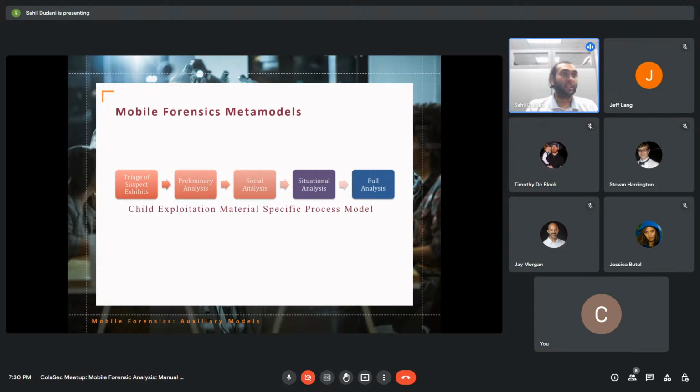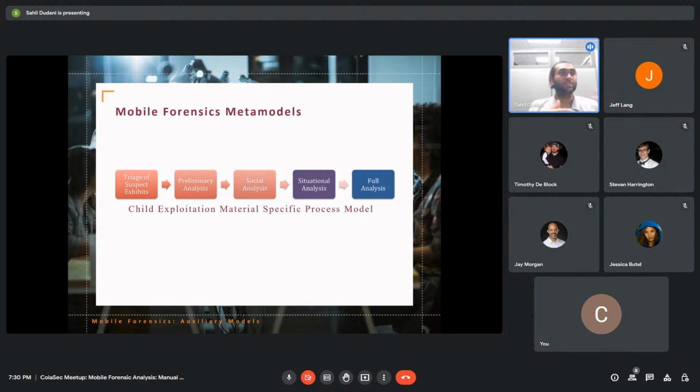And situational analysis depends on, say, if you're analyzing a device with some material that points to child exploitation, you must verify the situation around that particular evidence. Say a particular image exists, and you're trying to nail someone down based on that particular image of child exploitation. You must try to verify how that image got there.